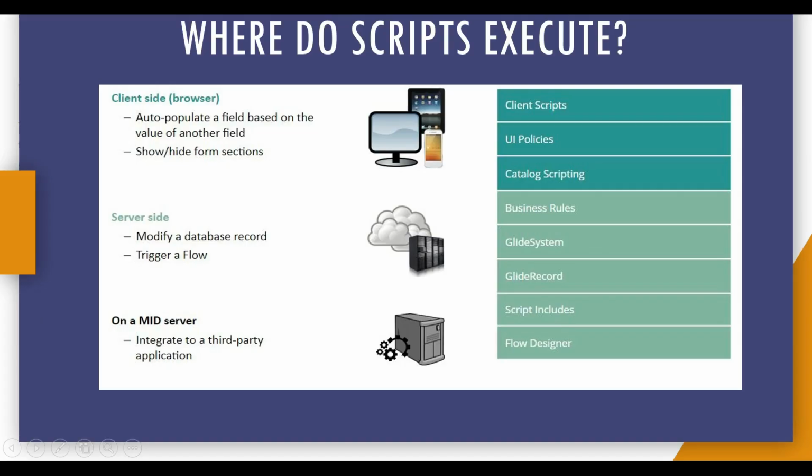Triggering a flow also comes under server side execution. These are all server side: business rule, GlideSystem, GlideRecord, script include, flow designer. We have the option to use GlideRecord in client script, but that is not a best practice. We will learn about it in future.